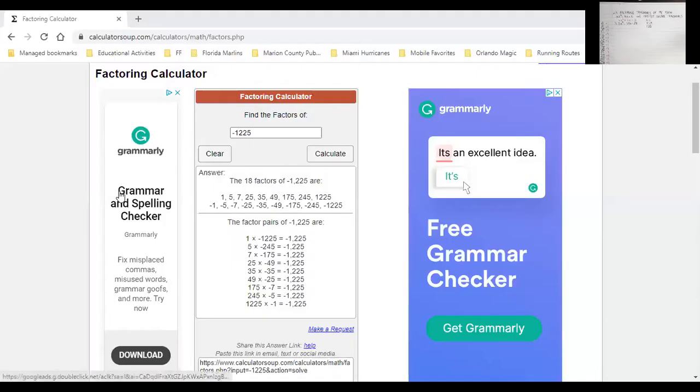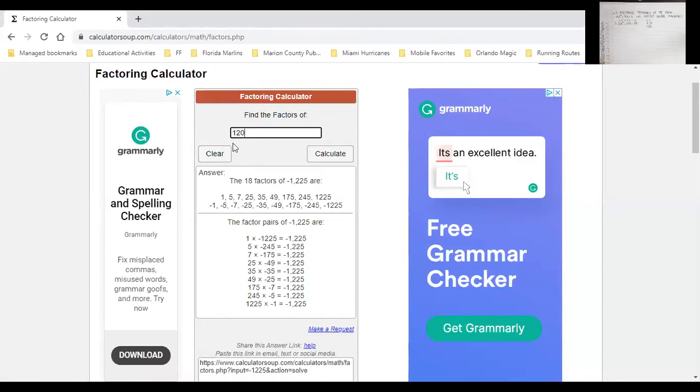There is a website that I'd encourage you to use. It's mainly for the homework, because the actual practice tests and the tests are not going to give you factors that are this large and require this much work. But in the homework, they do give some pretty crazy problems.